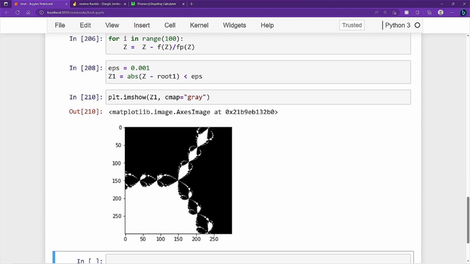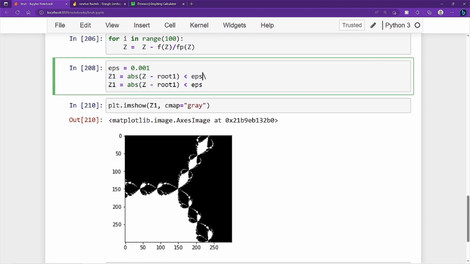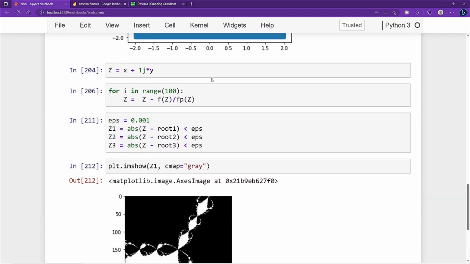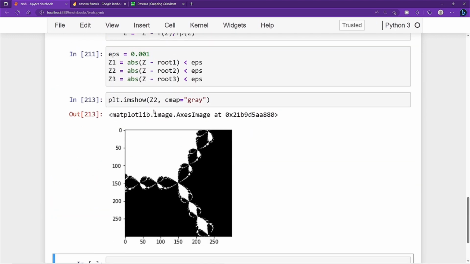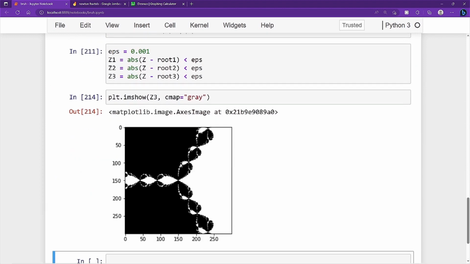And you can already see the fractal-ish pattern here. So we can do this again and again for root 2 and root 3. And if we see this Z2, we see this. If we change it to Z3, we see that these values are the roots. So we kind of see these three regions where the roots have converged to.